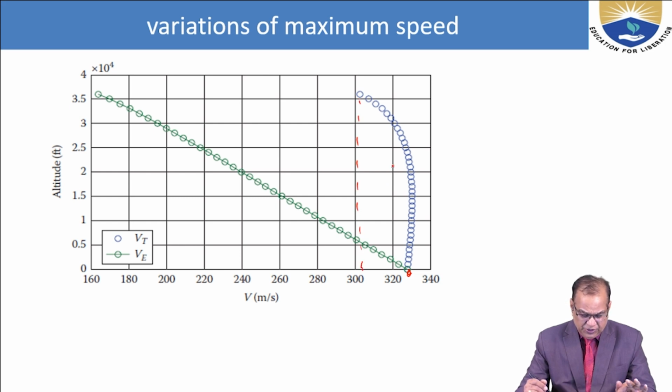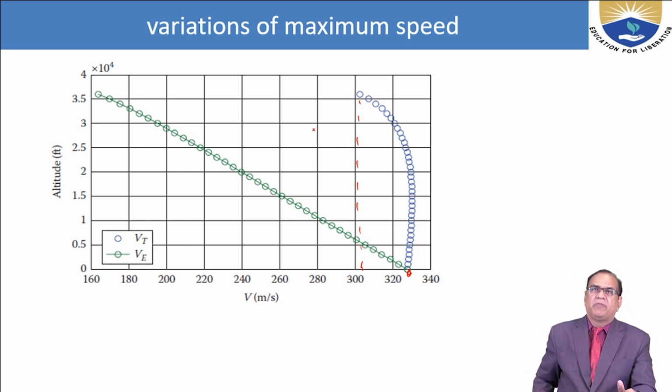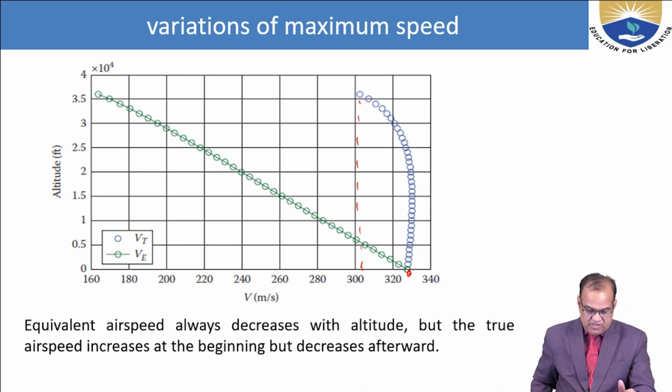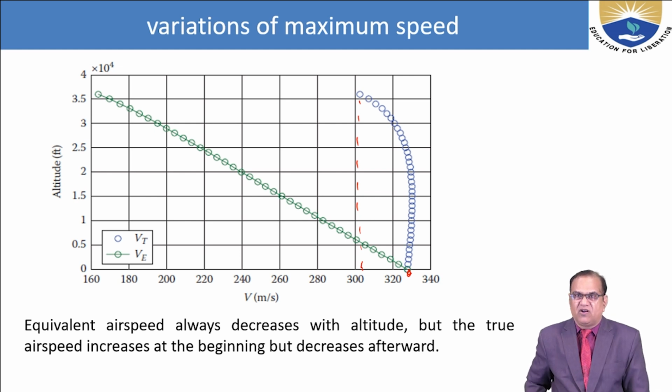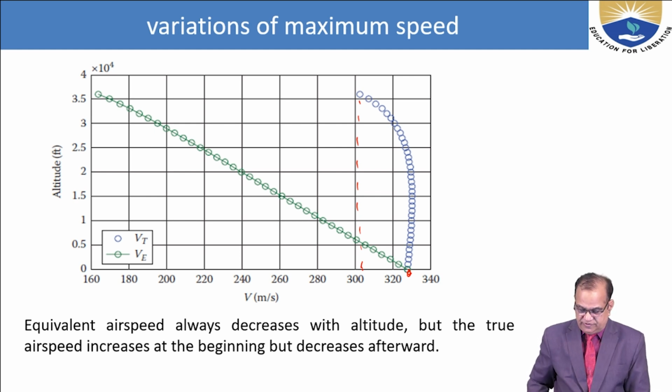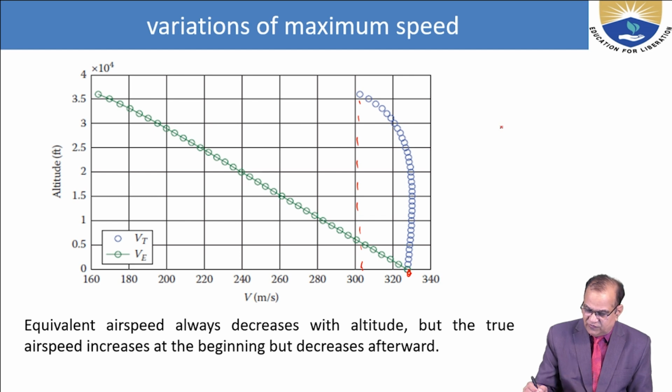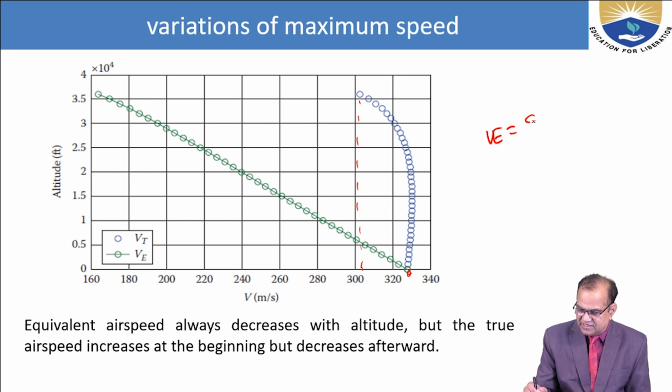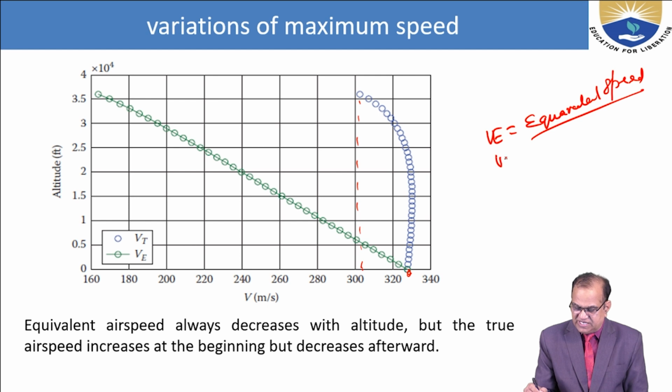So there are two types of engines and both have different parameters. Equivalent airspeed always decreases with altitude. This is the equivalent, VE is equivalent speed and VT is true airspeed.